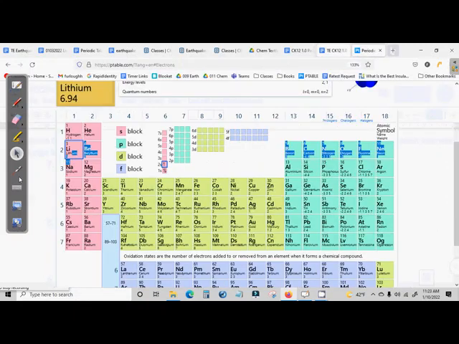So if we look at the periodic table, this is the 4th principal energy level, right? Or 4th period. This is 3d, right?